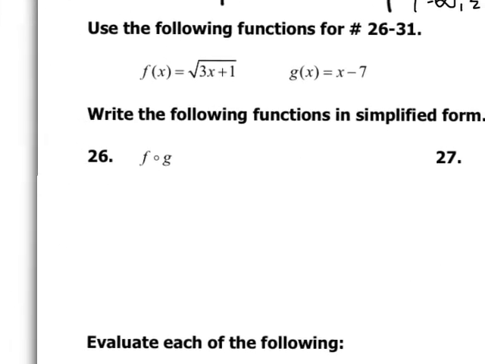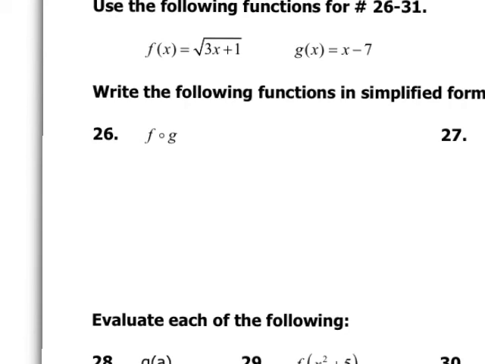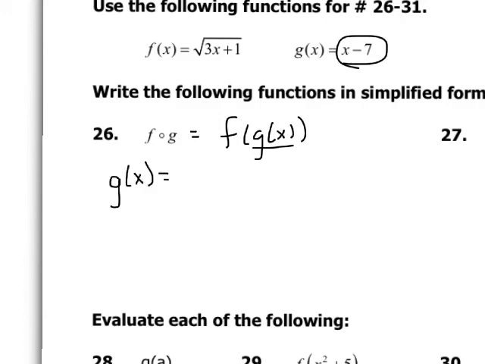Alright, f of g. So my inside is g of x, so that's x minus 7. So now I'm going to plug this in right here. So now I'm doing f of x minus 7.